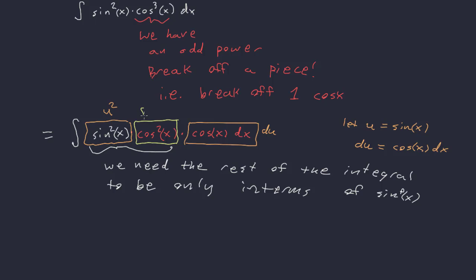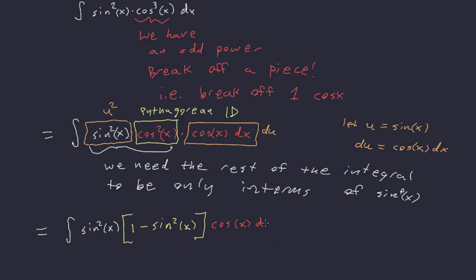And this is where we use the Pythagorean identity. By the Pythagorean identity, this integral, and I'm not going to do the u substitution yet, will be sine squared of x. Then my cosine squared becomes 1 minus sine squared. And then the cosine of x dx part stays the same.